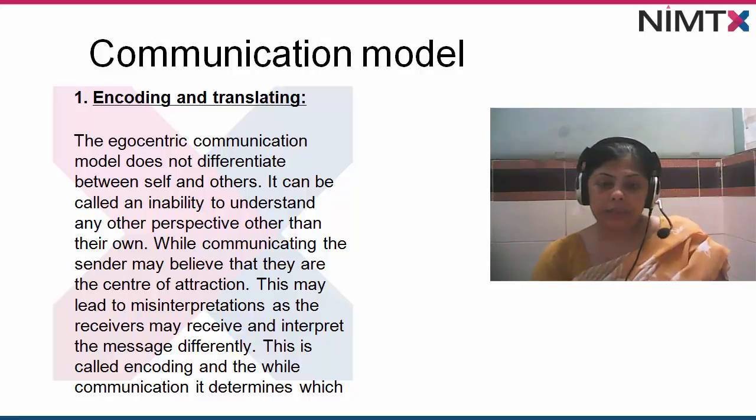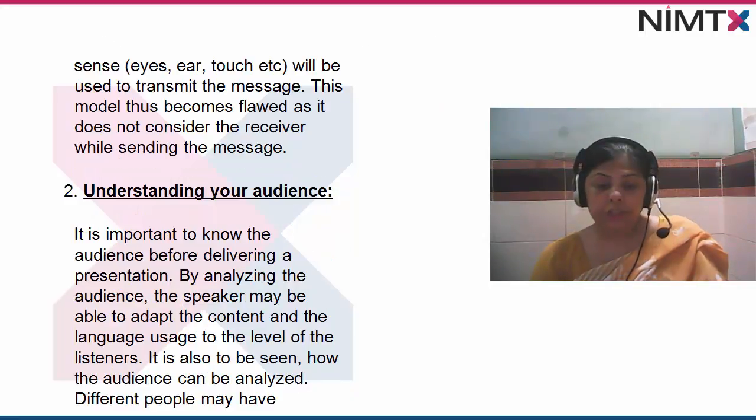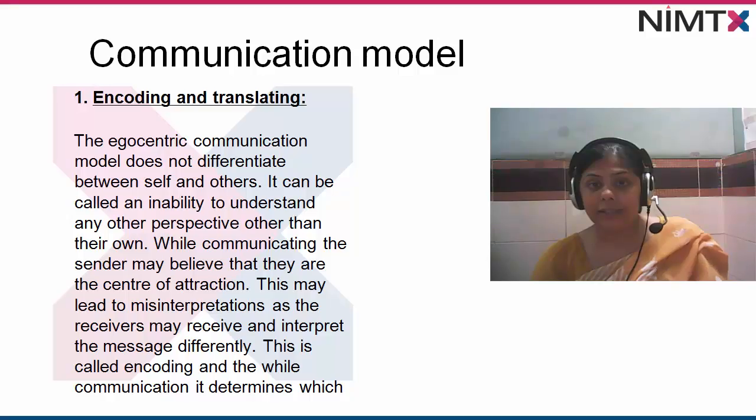This may lead to misinterpretations, as the receivers may receive and interpret the message differently. This is called encoding, and while communication, it determines which sense will be used to transmit the message. This model thus becomes flawed, as it does not consider the receiver while sending the message.